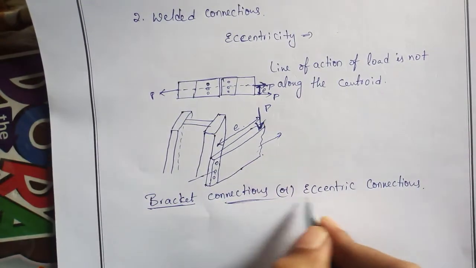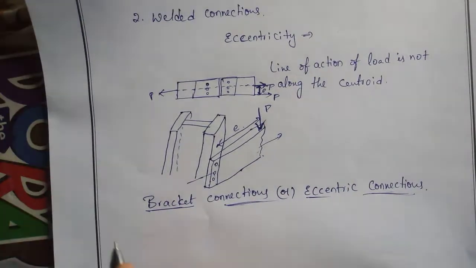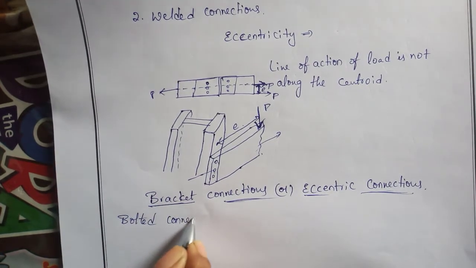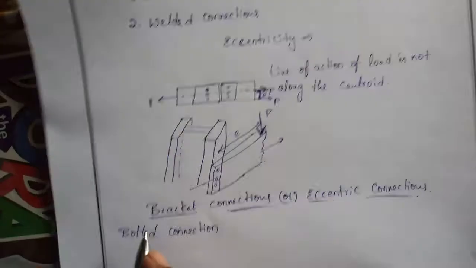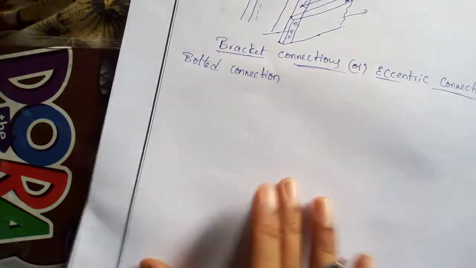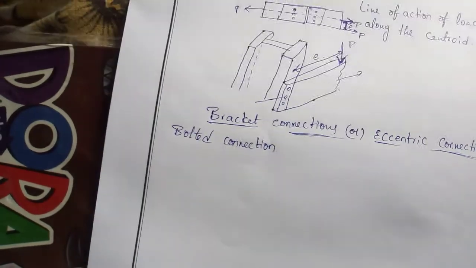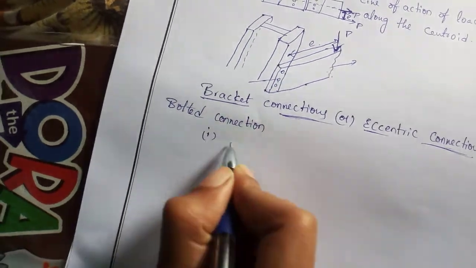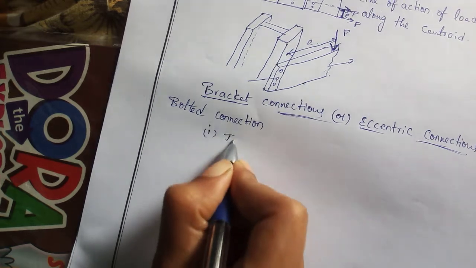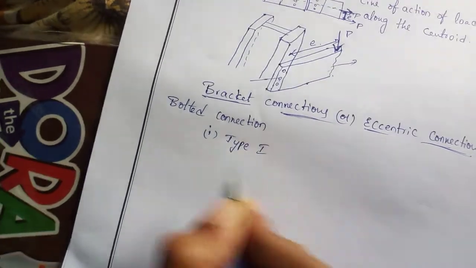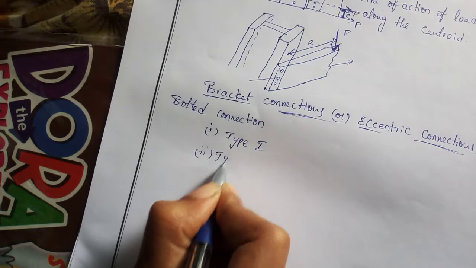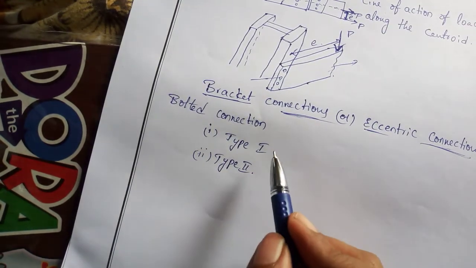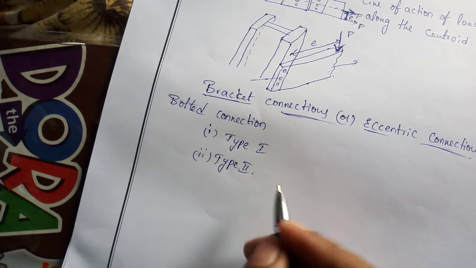So again, first I'll go with the bolted connections. In these bolted connections, again there are two types. I'll just call them type 1 and type 2. The major difference between type 1 and type 2 is the line of action of loads.